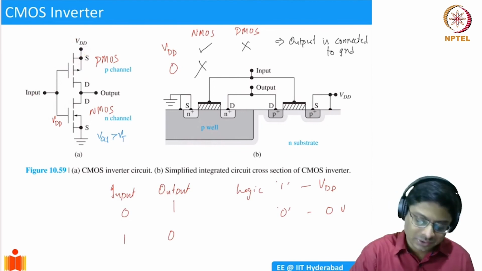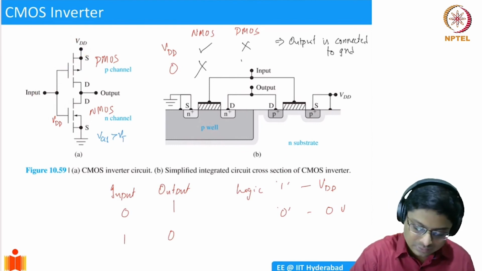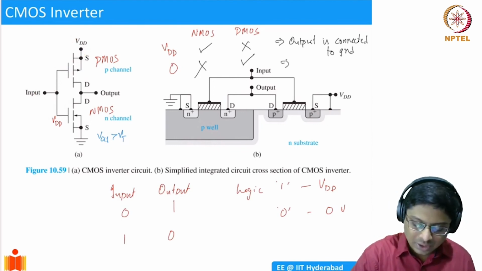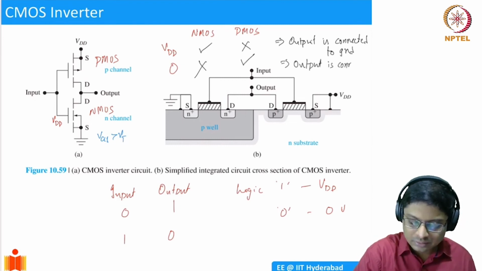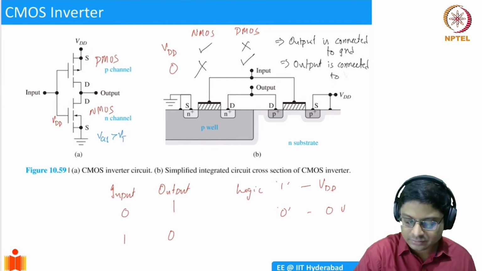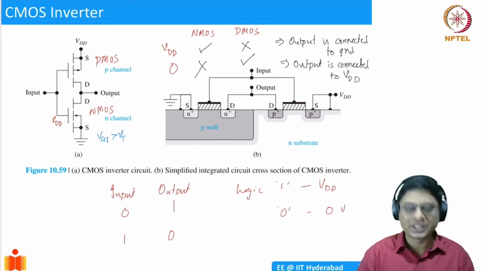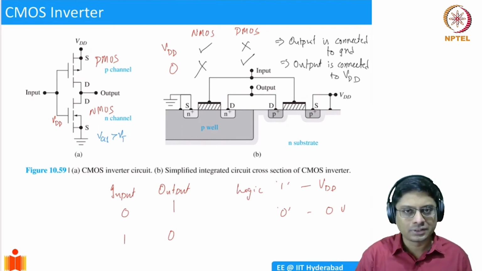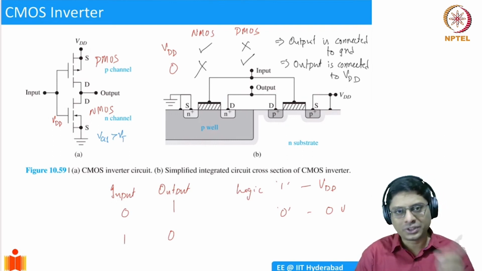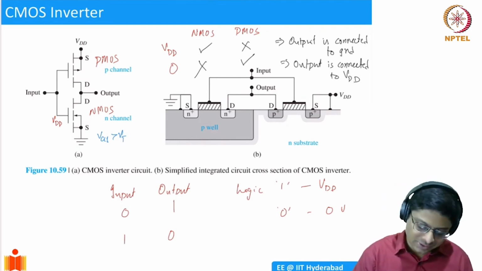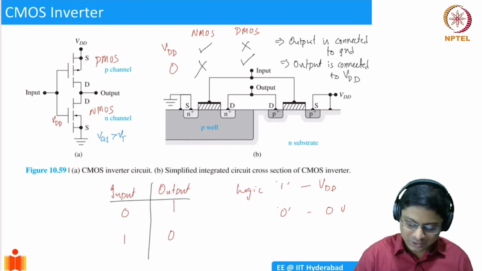So the PMOS device is on. This implies the output is connected to VDD. So output connected to VDD means output is 1. Output connected to ground means output is 0. So that's how you get this logic 0 and 1, 1, 0.